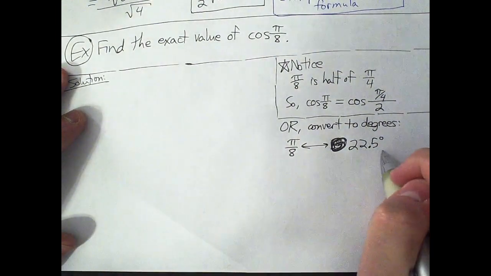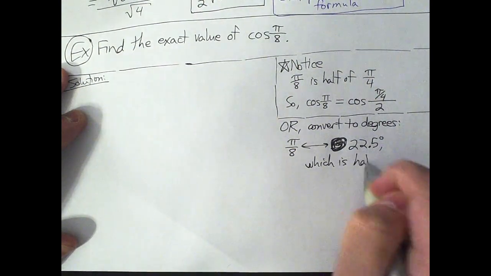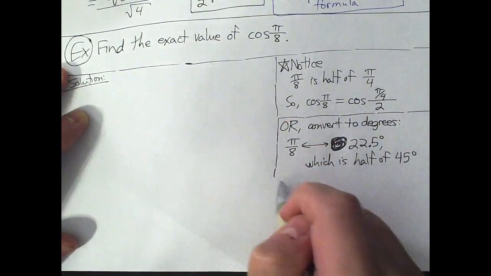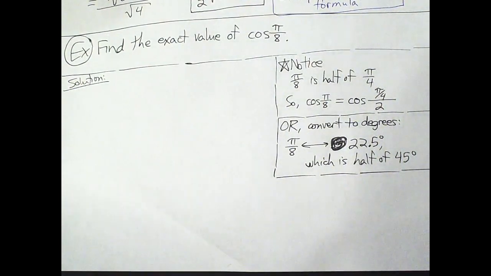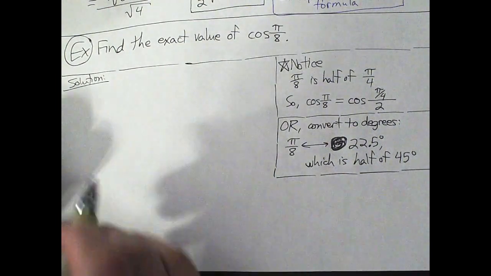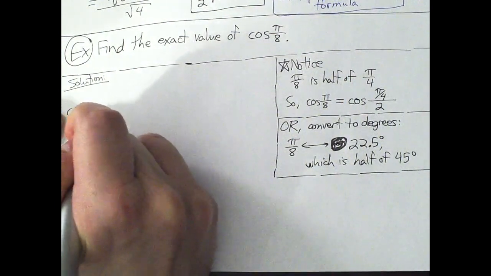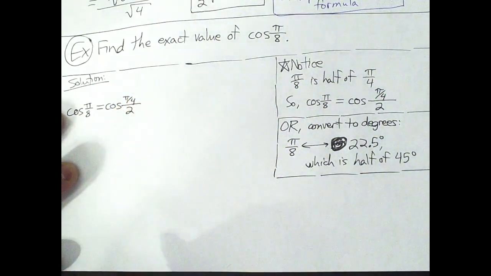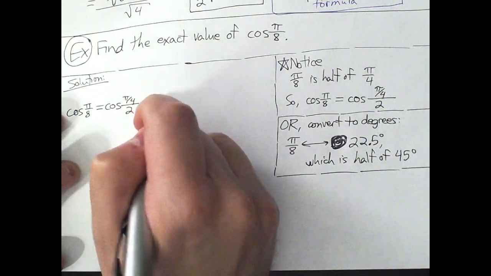Yeah, 22.5, which is half of 45 degrees. Either way, whether you think of it in terms of radians or in terms of degrees, it's going to be a half angle formula problem. So let's write cosine of pi over 8 is cosine of pi over 4 over 2. I'll just leave it in radians. You don't have to convert to degrees if you don't want to.